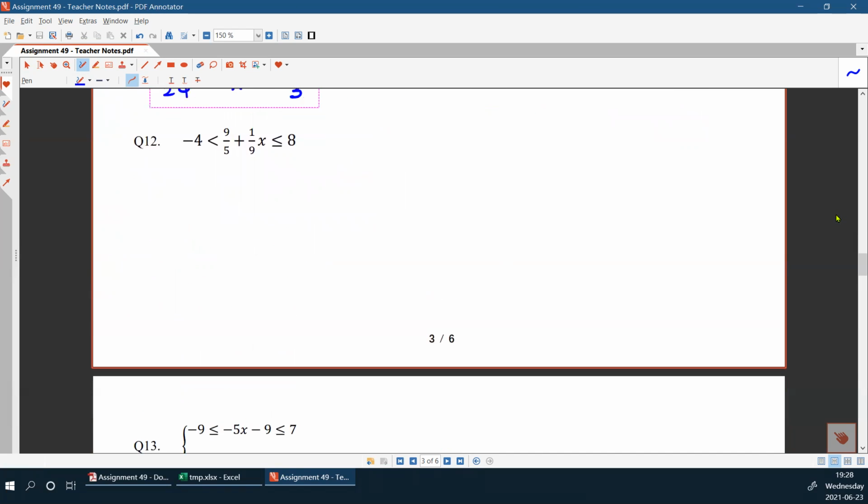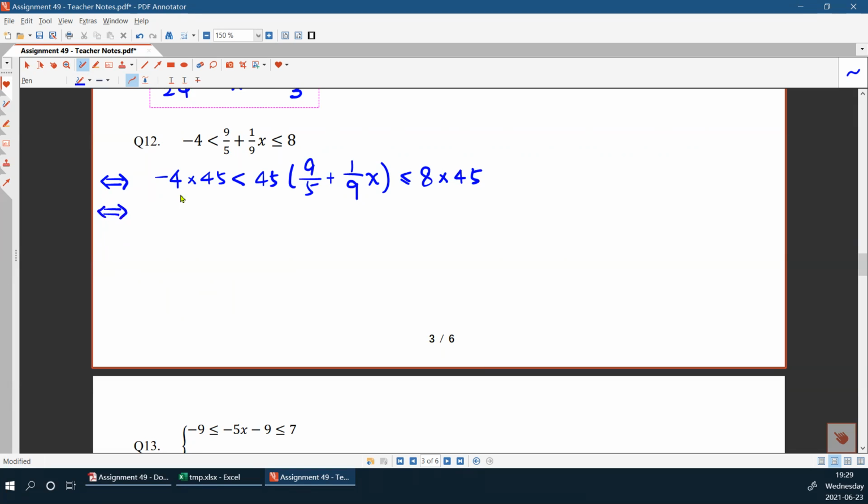Question 12 is very similar to the previous question. First, we can multiply by the least common multiple of 5 and 9, which is 45, to eliminate the two denominators and make this problem a little bit easier, right? Okay, so minus 4 times 45 less than 45 times (9 over 5 plus 1 over 9 x) smaller than or equal to 8 times 45.